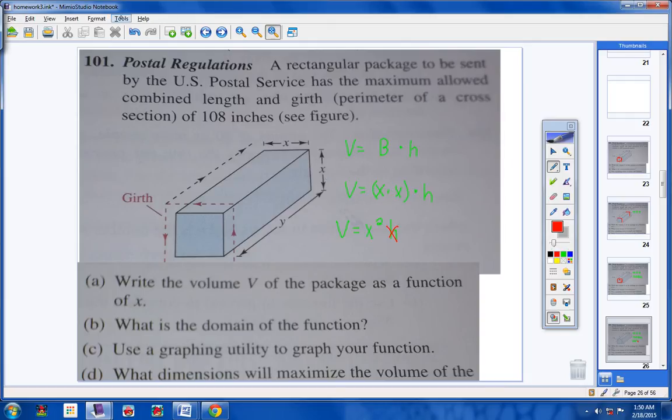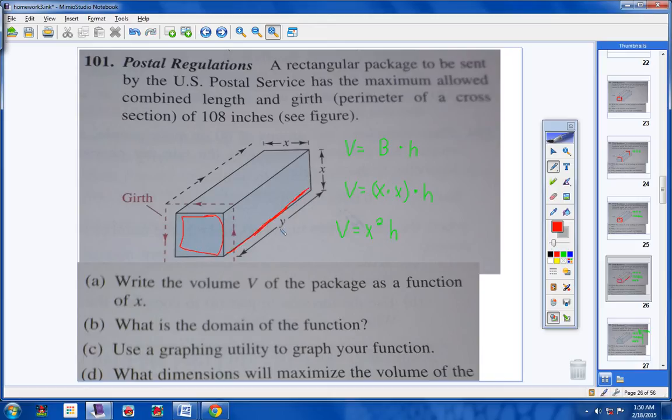Well, guys, you do. You really do. Look, remember, your height right here, your h, is really a y. It is, Mr. Earhart. Well, sure, guys, look. Remember, the volume is area of base times the height. And so here's my base right here. Here's the height right here.